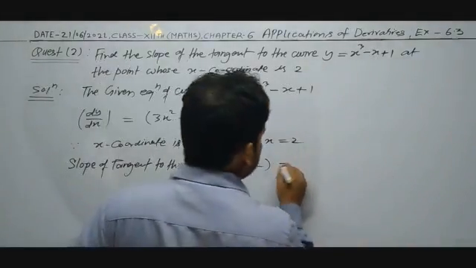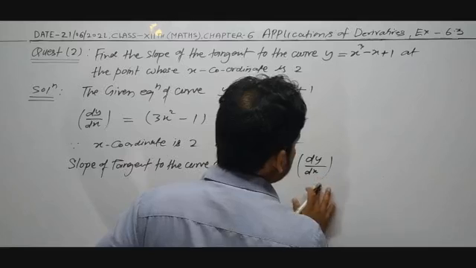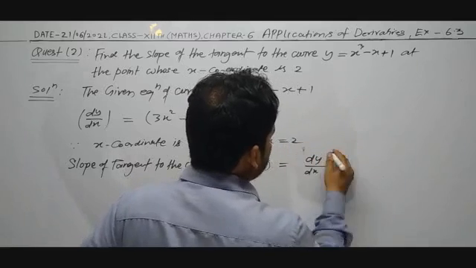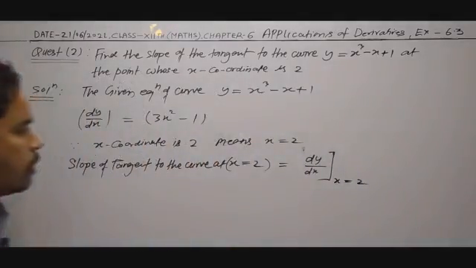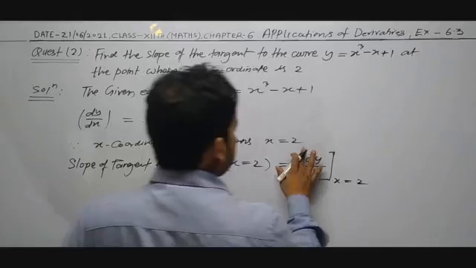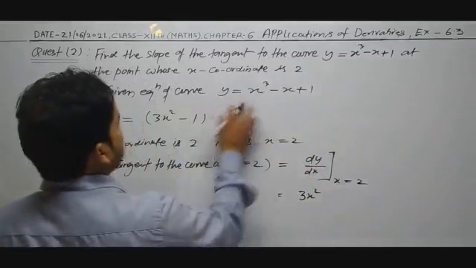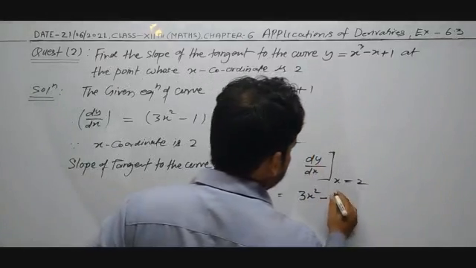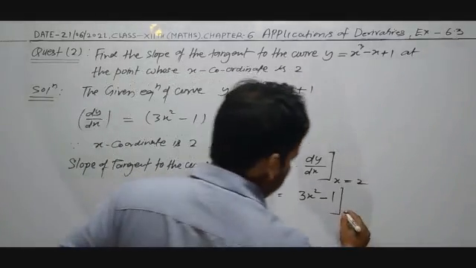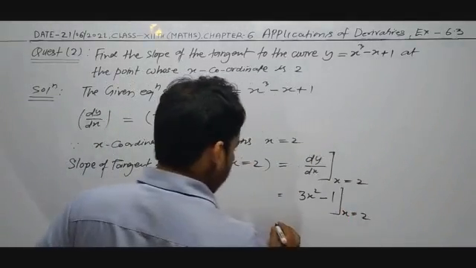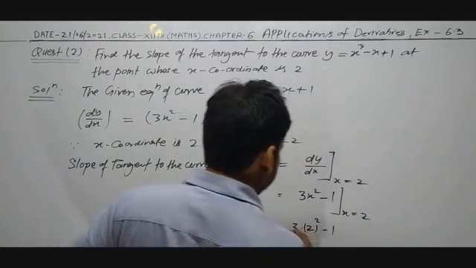This will be dy by dx at x is equal to 2. dy by dx is 3x square minus 1, and at x is equal to 2, so 3 times 2 whole square minus 1.